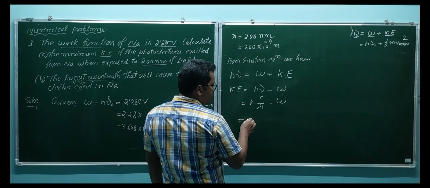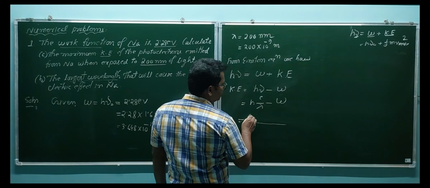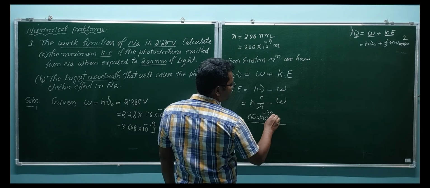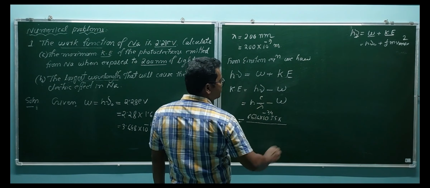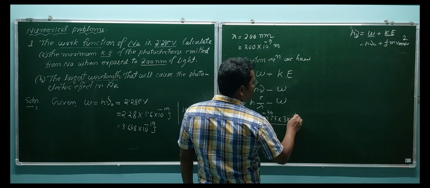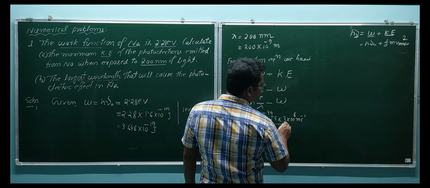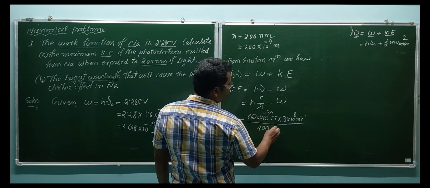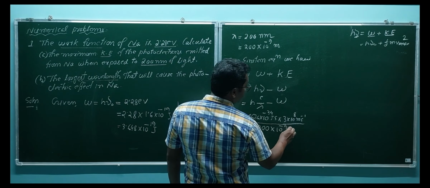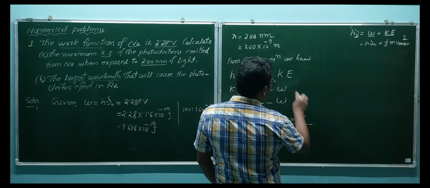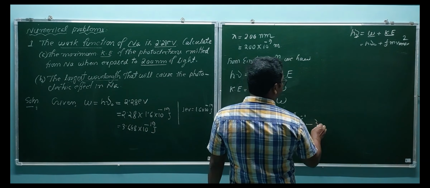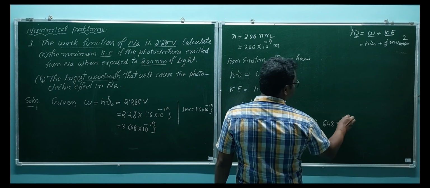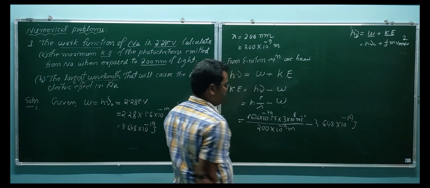Value of h is 6.626 into 10 to the power minus 34 joule second. The velocity of light is 3 into 10 to the power 8 meter per second. What is the value of lambda? Just now we have seen 200 into 10 to the power minus 9 meter, minus W, whose value is 3.648 into 10 to the power minus 19 joule.